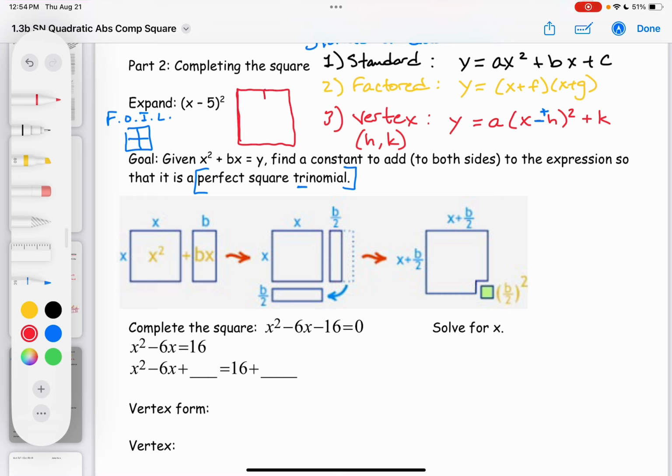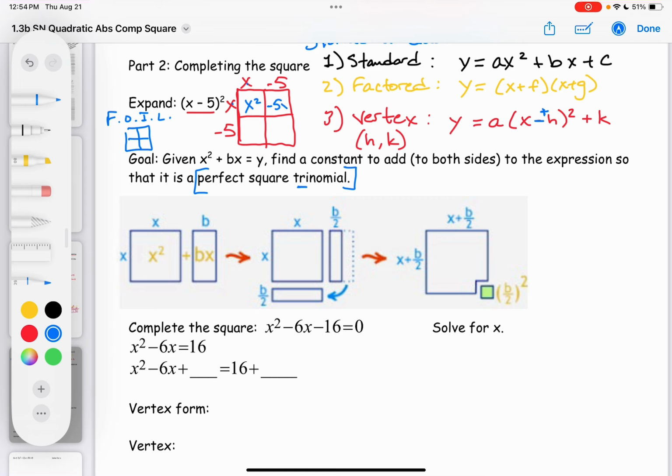I'm multiplying x minus 5, and since it's squared, I'm multiplying it by itself, so x minus 5 again. Then you just multiply diagonally. x times x is x squared.